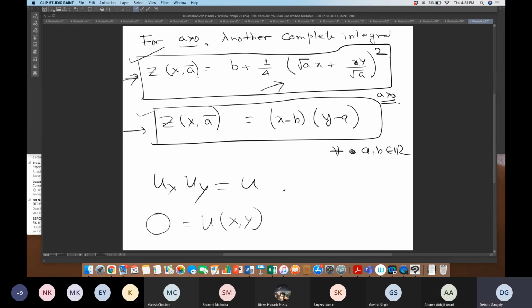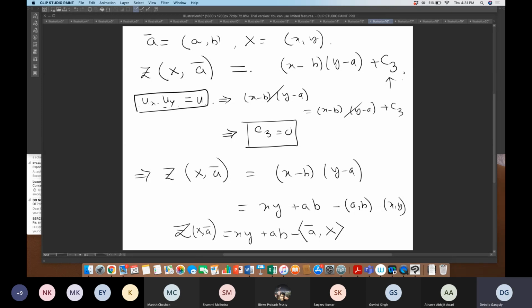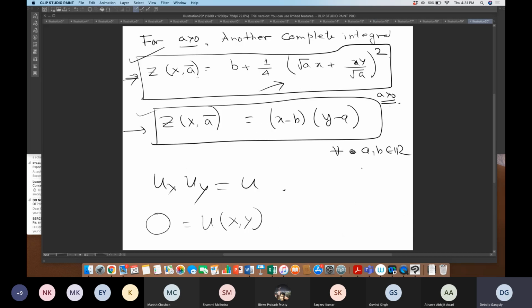From here you can never get zero, because A is positive, right? Am I right? Yes or no? Yes. And also you see this cannot be zero, because we argued that C3 is zero by arguing that this is non-zero, that is x not equal to B, y not equal to A. So for all A, B with x not equal to B and y not equal to A, of course, trivially u equal to zero is a solution which is not covered by these two solutions.